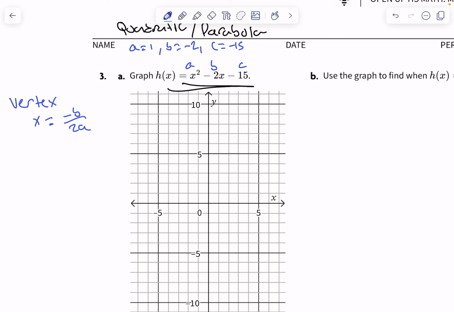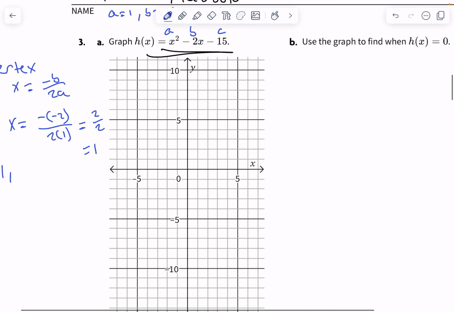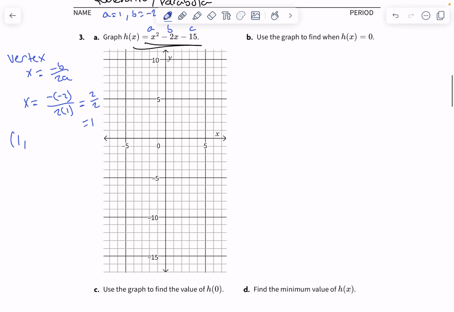Okay, so my vertex is going to be x is equal to negative b, so it's negative of negative 2 all over 2 times 1. This is 2 over 2 equals 1. So my vertex is at 1 comma something. How do I find what my y coordinate is? You have to plug it back in.